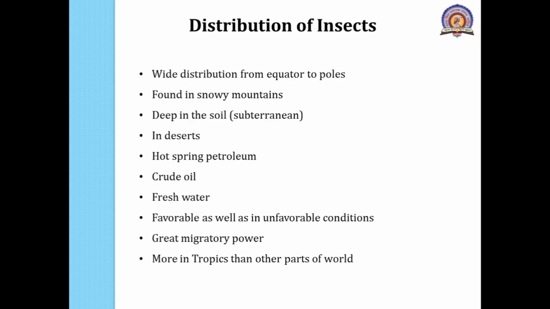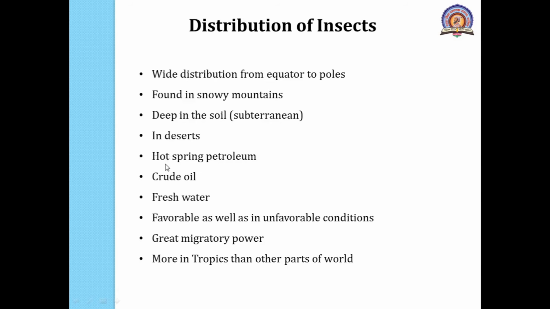Now, insects enjoy a wide distribution from the equator to the polar regions on planet Earth. They are also found in the snowy mountains of the Himalayas. They are also present deep beneath the soil, having a subterranean habit. They are also known to be found in the very hot deserts.